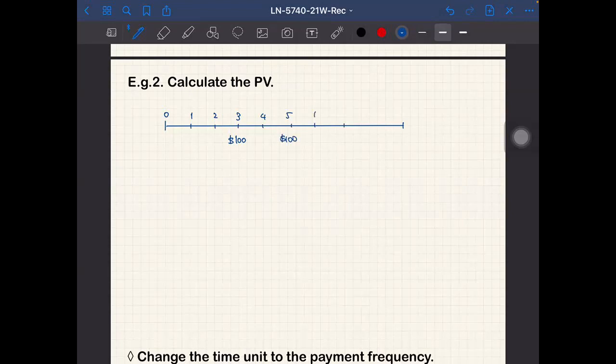And every 2 years we receive $100, and it ends at time 9. We want to calculate the present value here, and suppose that the annual effective rate is 4%.